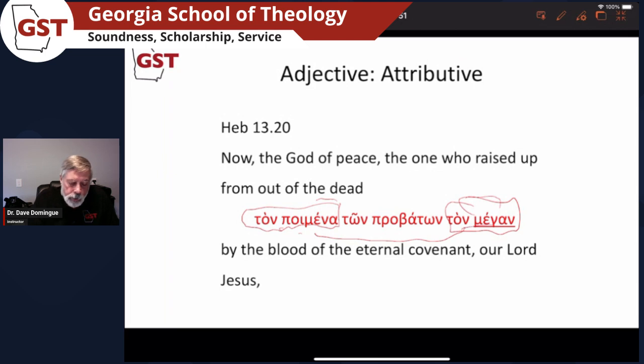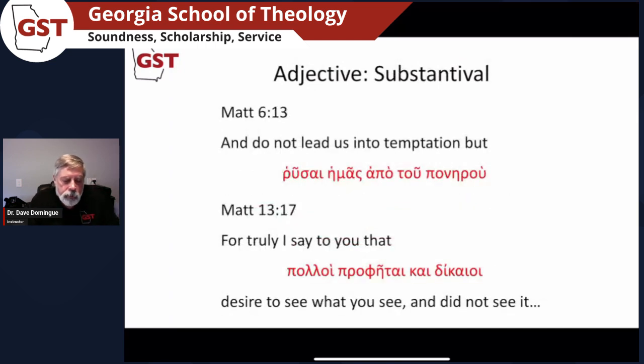It's the great shepherd of sheep. And how is he raised up? By the blood of the eternal covenant, our Lord Jesus, telling us now who is the great shepherd of sheep. It's our Lord Jesus. And that's how it functions attributively. So hopefully that kind of gives you some context. All right, substantive. Well, here we have Matthew 6:13, the Lord's Prayer, it's sometimes called.